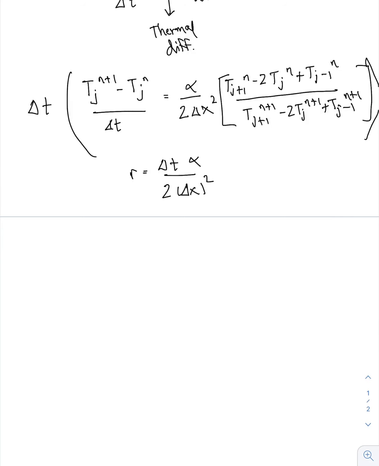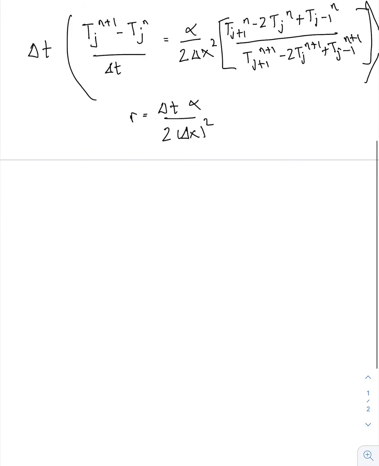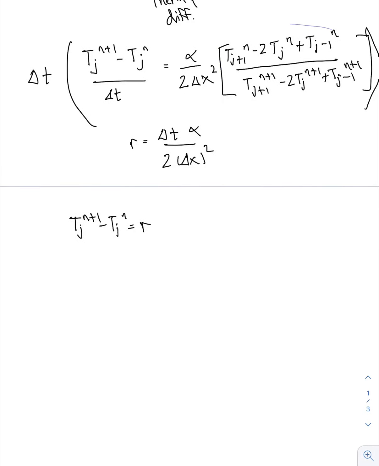Here we see that we have alpha over 2 delta x squared, and multiplying by delta t, that is all going to be equal to r. So to simplify and rewrite this, we will have Tj n plus 1 minus Tj to the n equals r times everything we had before. And I will just move that over to save some time.